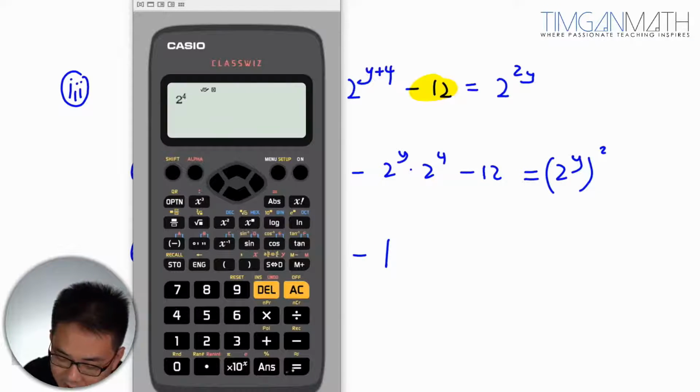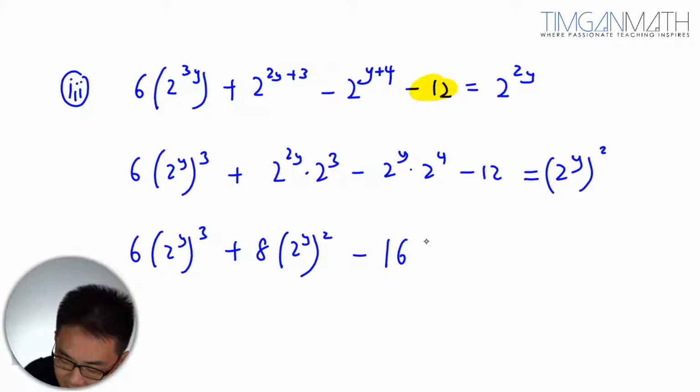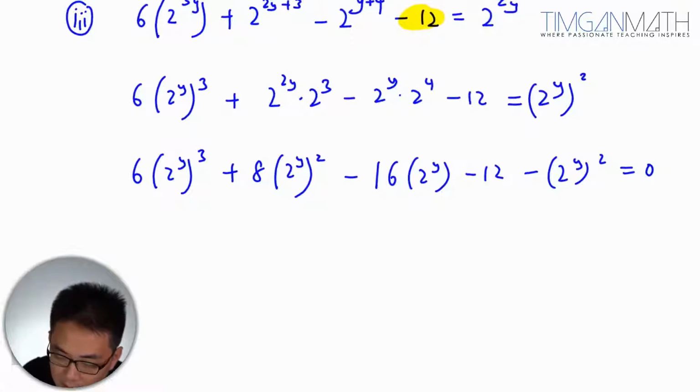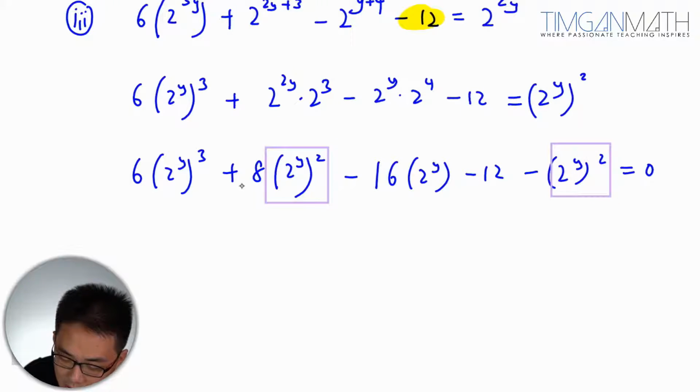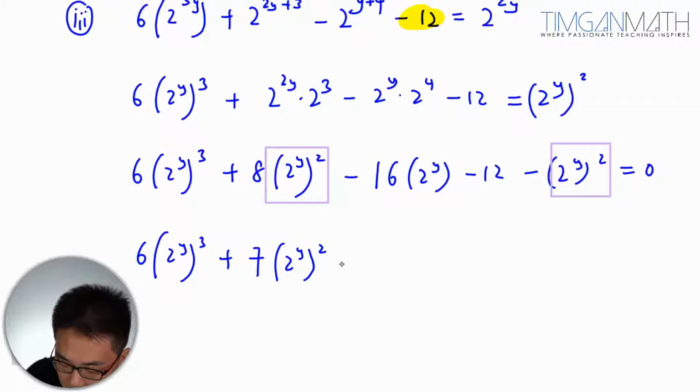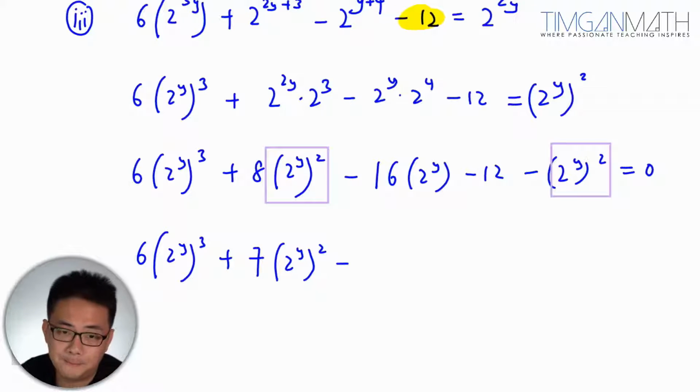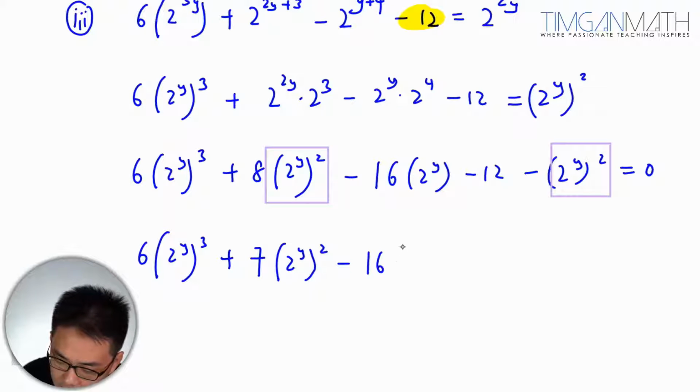So this is 16 times 2^(y), minus 12, and then minus 2^(2y) equals 0. Take note that this is one entity, 2^(2y), and this is 2^(2y), so 8 minus 1 would be 7. So this would be 6 times 2^(3y) plus 7 times 2^(2y) minus 16 times 2^(y) minus 12 equals 0.